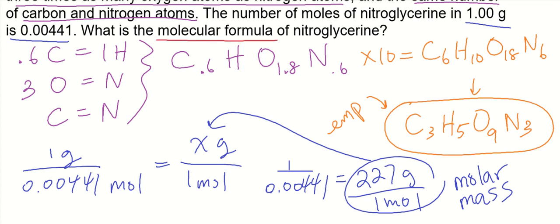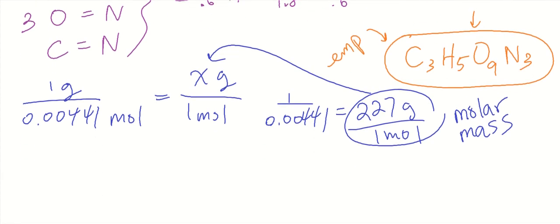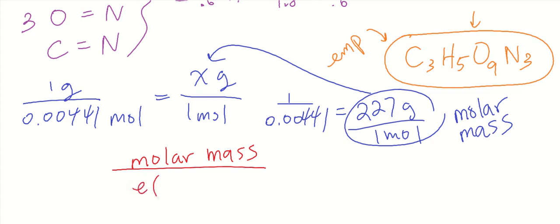So to get the molecular formula, it's just the molar mass, that's the mass of the whole molecule if you had 1 mole of it, over the mass of the empirical formula. So empirical formula mass, EFM. Okay, so we have the molar mass. We need to figure out the EFM.